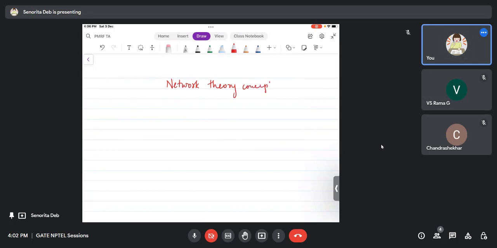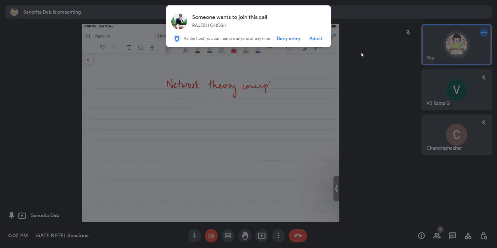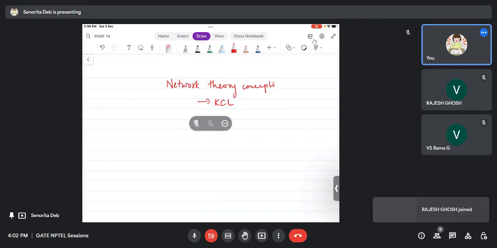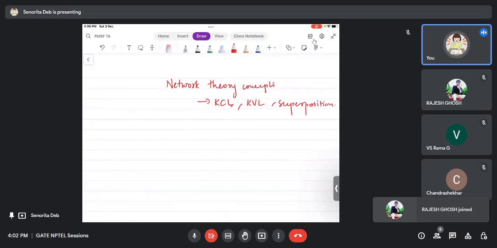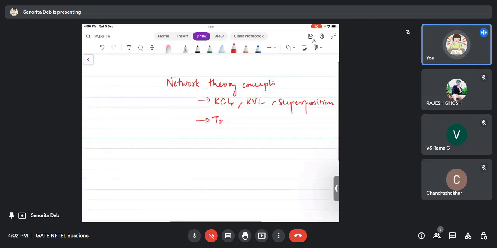So you will obviously be using KCL, KVL, and superposition in Opamp questions. Also very important, if they want to make an Opamp question a bit difficult, they can put in transient analysis, right? So please make sure that you are well aware of these two.